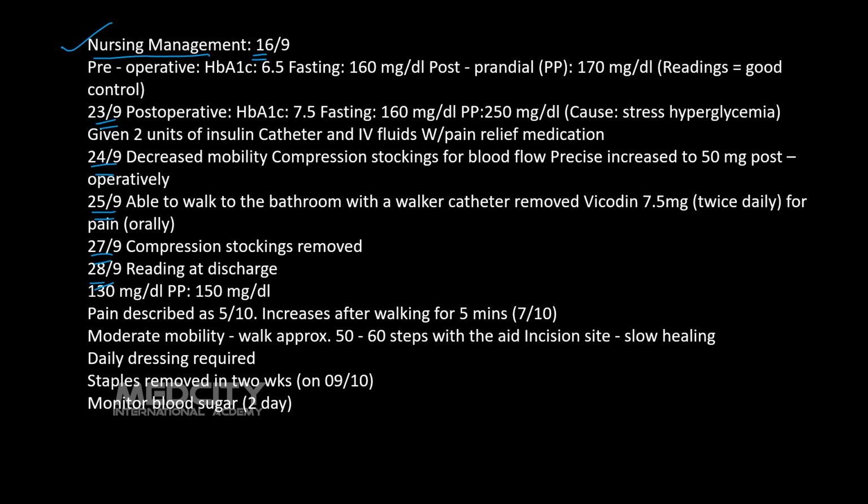Okay, so pre-operative readings. This information the home health nurse will need to know definitely, but the occupational therapist, not required. The details are not required as such, but probably this, that the reading is good, under control, is an important piece of information.